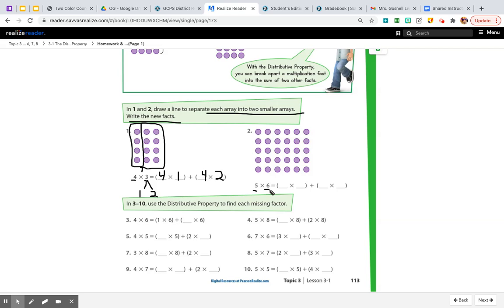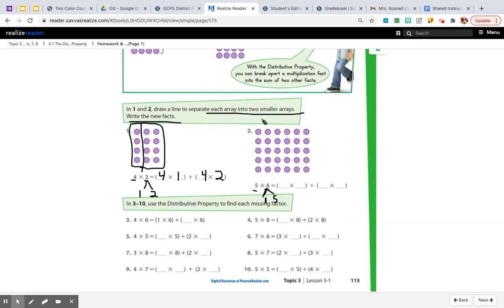Since I have 6 and I know my 5s really well, I would decide to split this by columns again. So what 2 numbers that I can multiply easily would make up 6? 1s and 5s, of course. 1 and 5 makes sense.